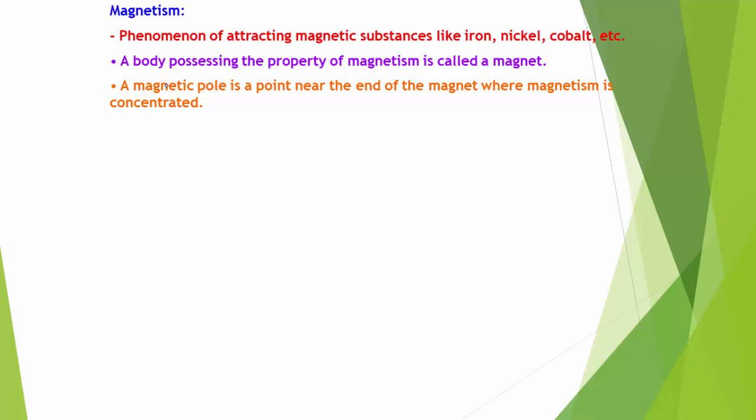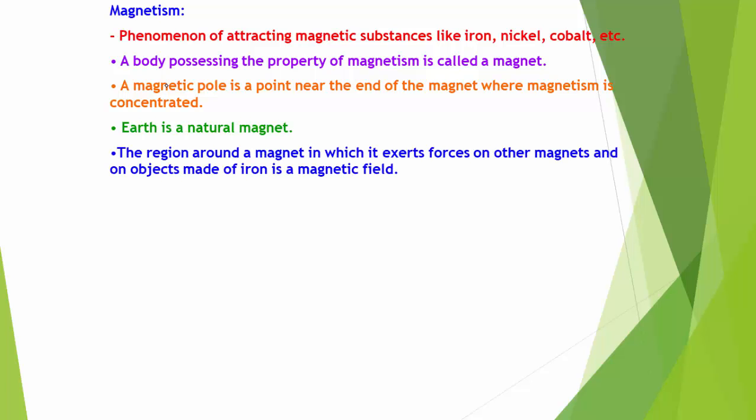One is the north pole and the other is the south pole. The north and south poles are situated at the ends of the magnet where the magnetism is concentrated, and the earth itself acts as a natural magnet.